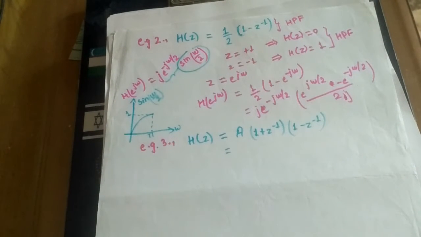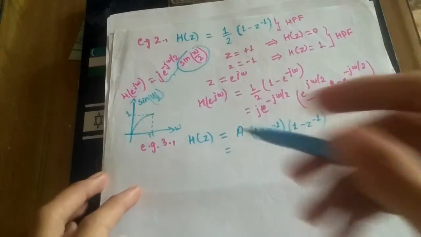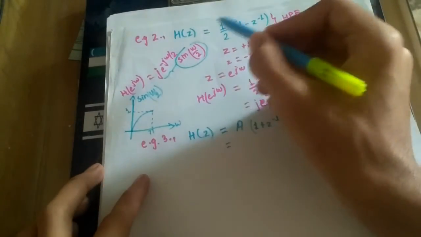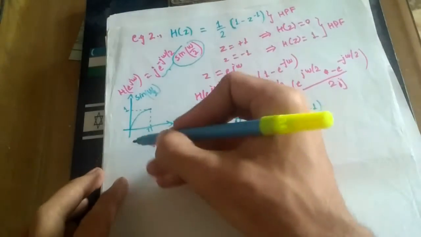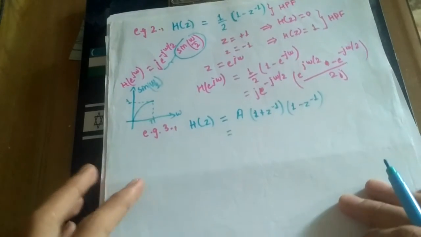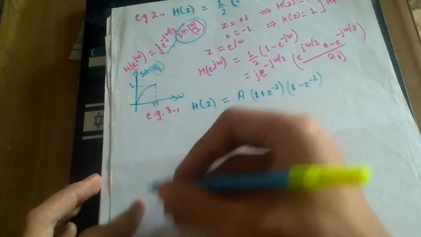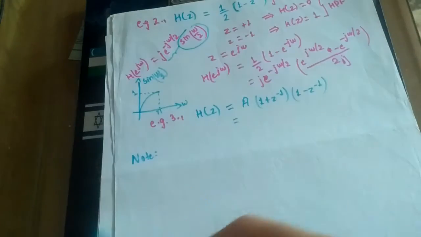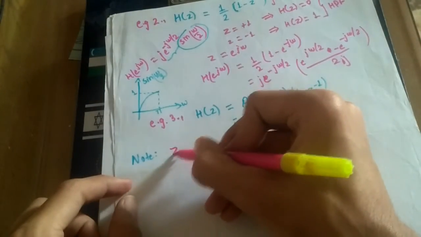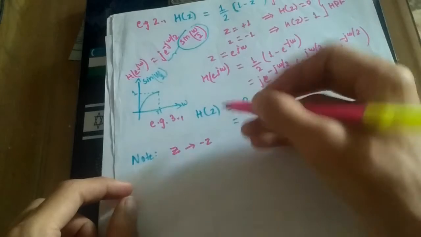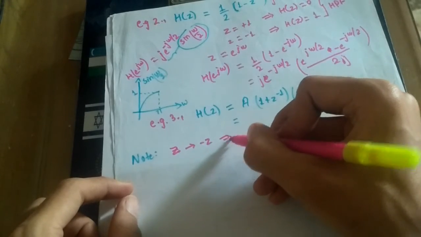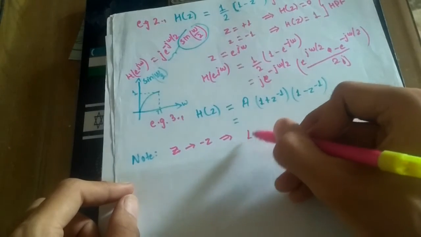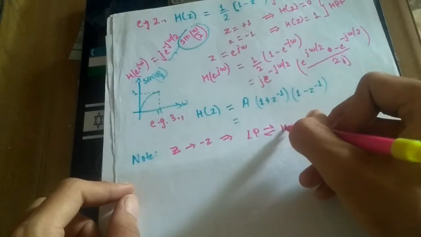Before moving to example number 3, I want to show one thing. Let me write over here, there is one footnote, and the note is that if we substitute z by minus z in any function, then always remember that a low pass filter will change to a high pass filter and vice versa.